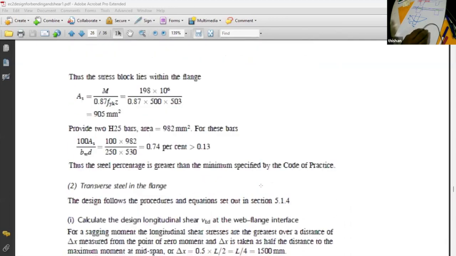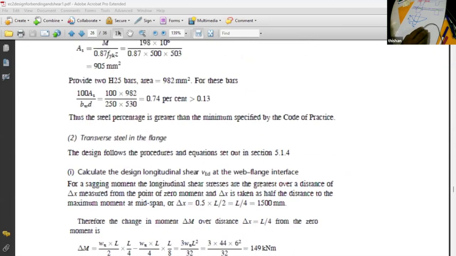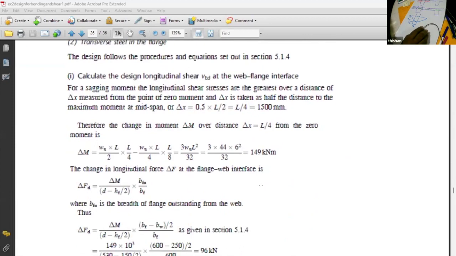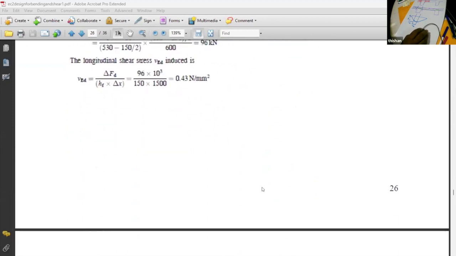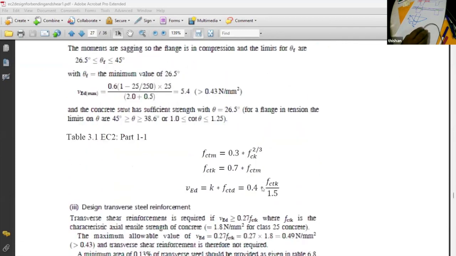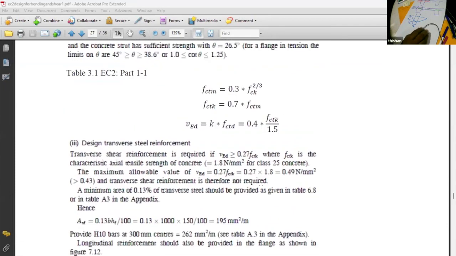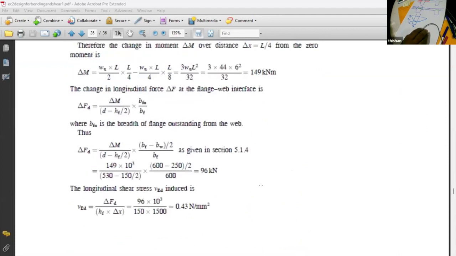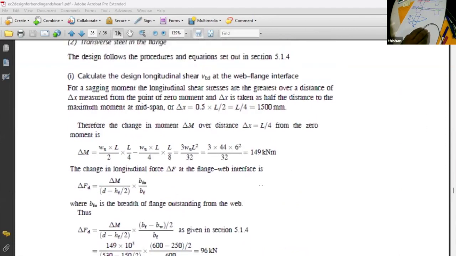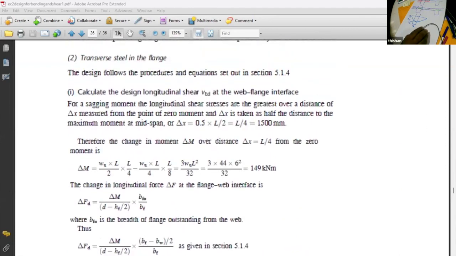That is just to find the reinforcement. Now you can see some complicated calculation. What is the meaning of that? So I'll stop share, then I can explain it.